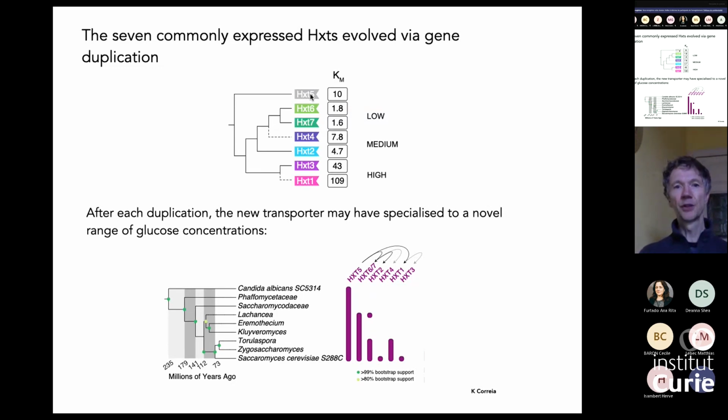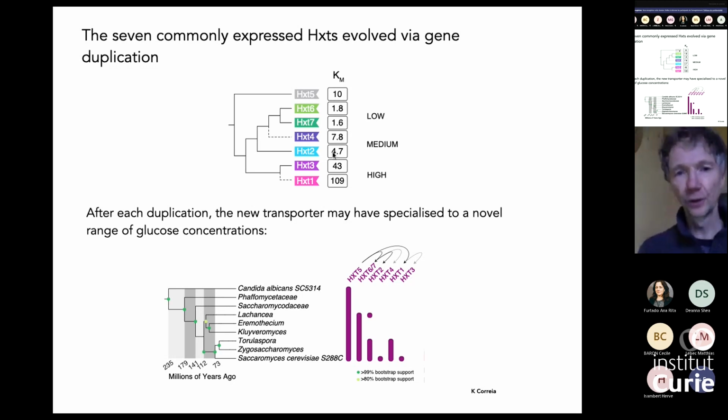If there's a rate-affinity trade-off, you have your first transporter, it has a particular value of binding rate constants to glucose, and so a particular range of glucose concentrations over which it's best. When it gets duplicated, we might expect these parameters to evolve so that the new transporter is optimum in a different range of glucose concentrations, so that the cell overall can do better in a wider range of glucose.